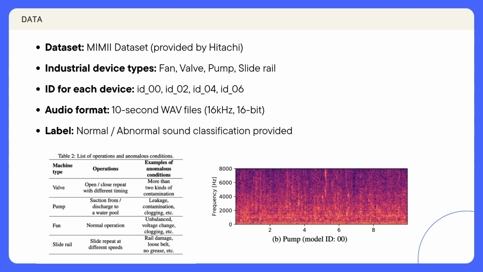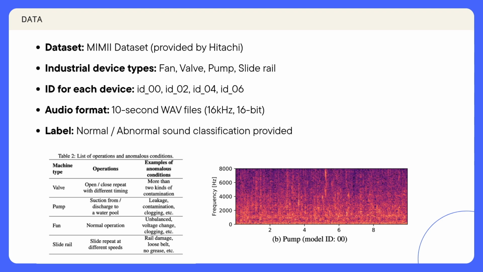The data we used are from the MIMII dataset provided by Hitachi. This dataset contains sounds of 4 industrial devices: fan, valve, pump, and slide rail, and each device has normal and abnormal recordings.